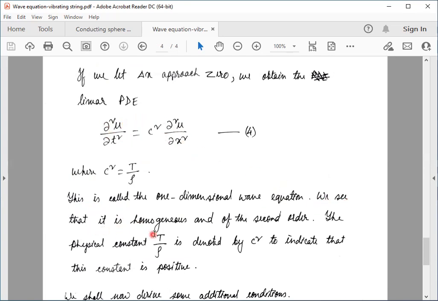It is a homogeneous partial differential equation, and also of second order. Here we have the second order derivative with respect to x, and the second order derivative with respect to time. The physical constant T by rho is denoted by c square to indicate that this constant is positive, and ultimately this c will turn out to be the speed of the traveling wave.